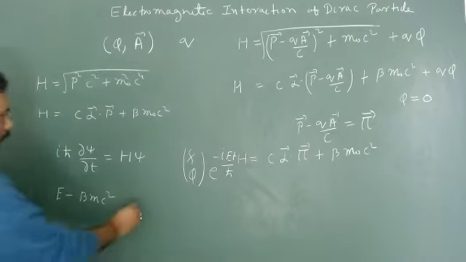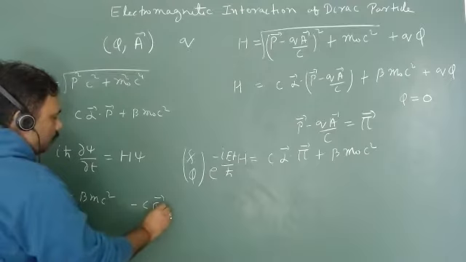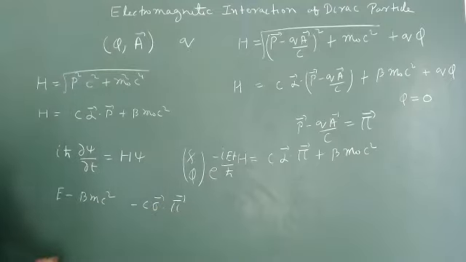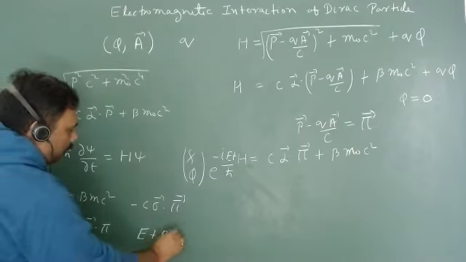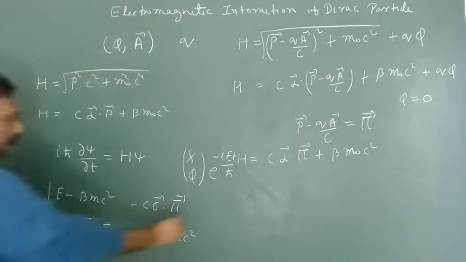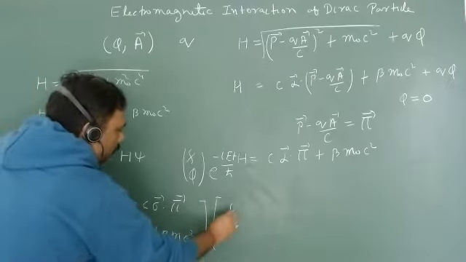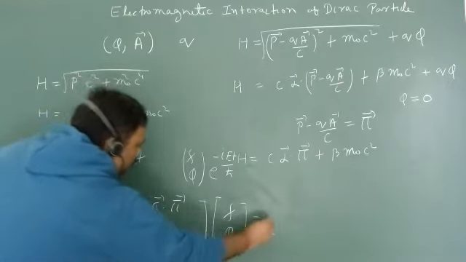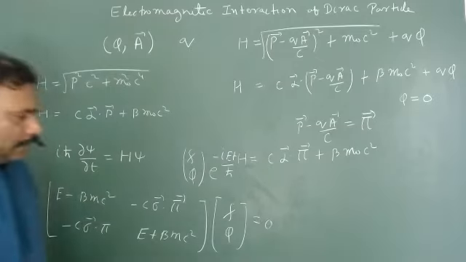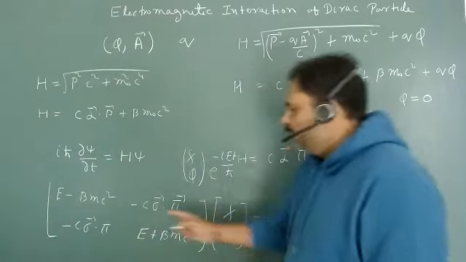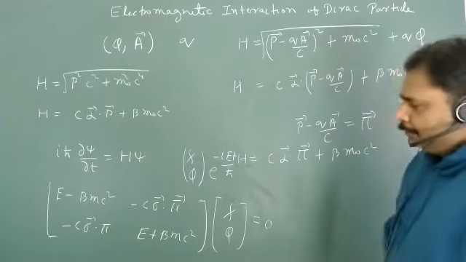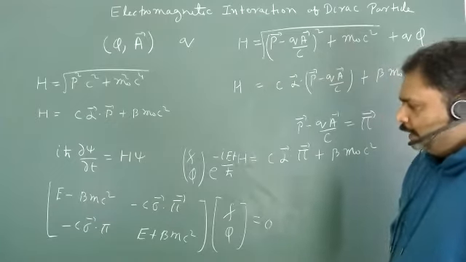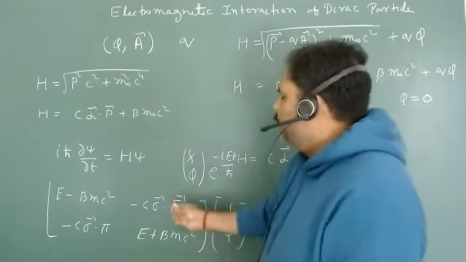So we have minus c sigma dot pi, and here we have minus c sigma dot pi, and here we have E plus beta mc square, and we have exactly the same equation, chi and phi, that must be equal to 0. Up to that everybody is comfortable, na? Because we did this last time, I wrote it directly. Are people comfortable? Yes sir. Just the same thing I did, only here pi has come in place of p.